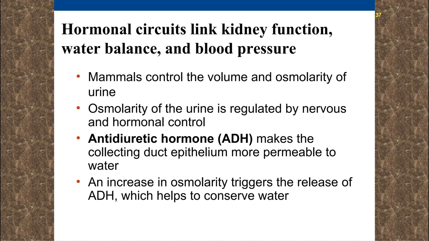So the hormonal circuits link kidney function, water balance and blood pressure. One is the anti-diuretic hormone, also called ADH, which makes the collecting duct epithelium more permeable to water. An increase in osmolarity triggers the release of anti-diuretic hormone, which helps to conserve water.